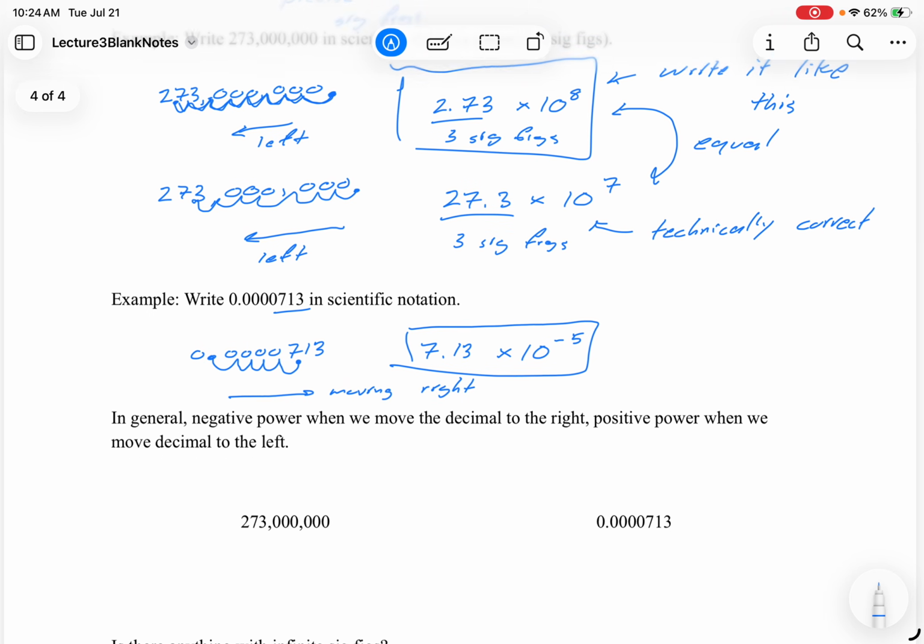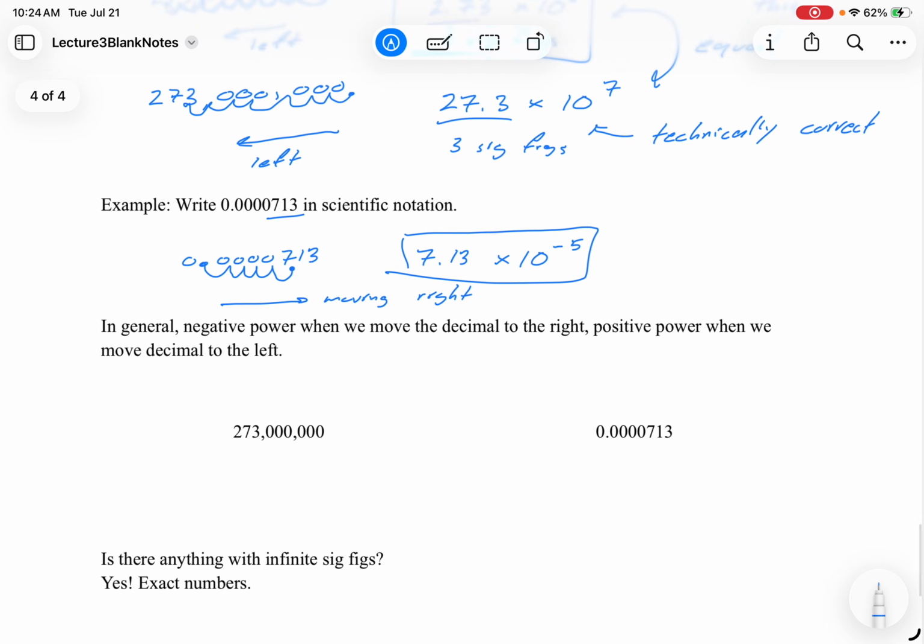So in general, we have a negative power when we move the decimal place to the right, like we did in this example, and we have a positive power when we move the decimal place to the left, right?